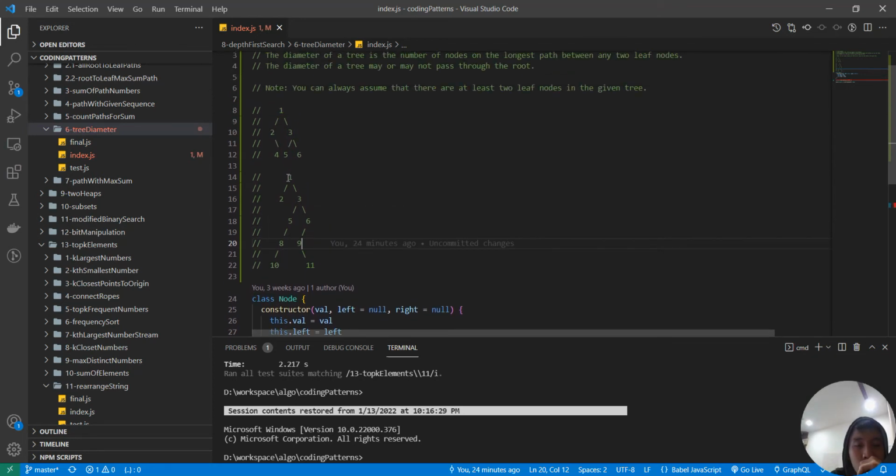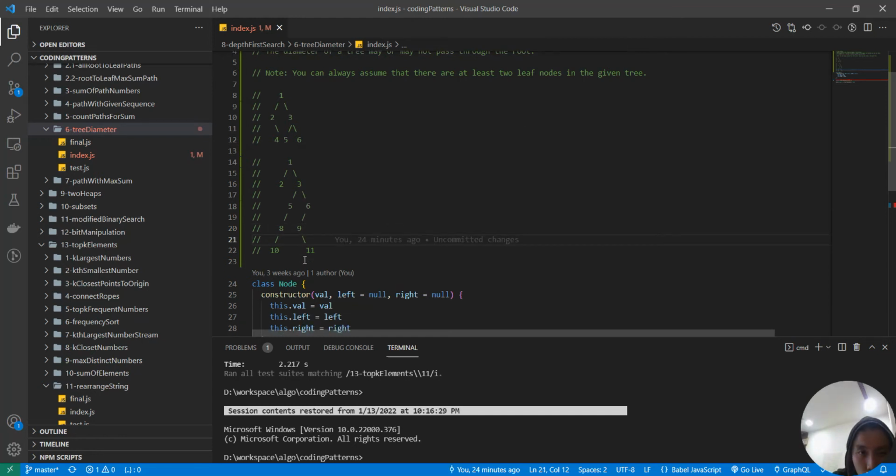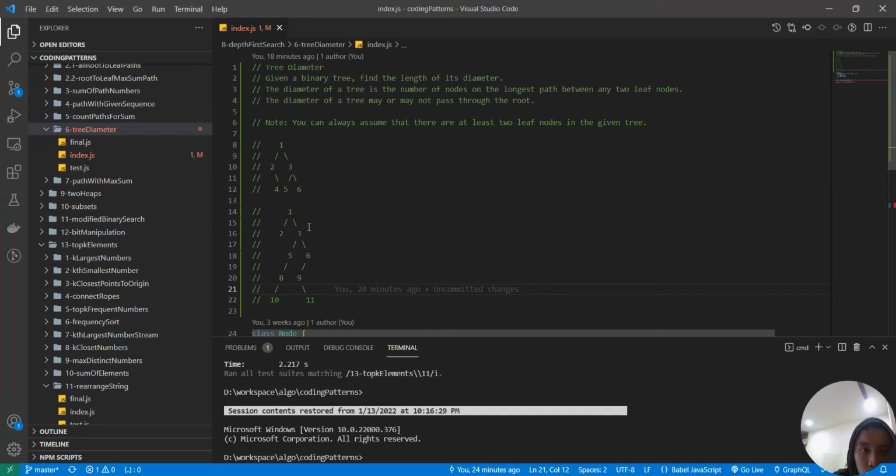So one observation that we can make here is that the diameter of a tree could be either the diameter of the left subtree or the diameter of the right subtree, or, in case the diameter goes through the root node, it will be equal to the height of the left branch and the height of the right branch, right?